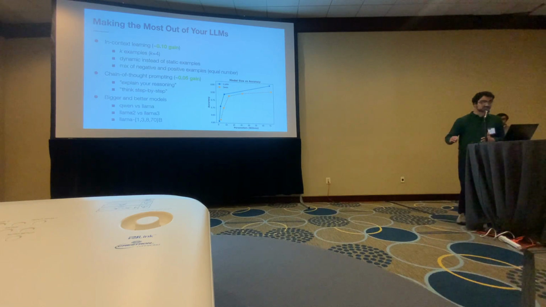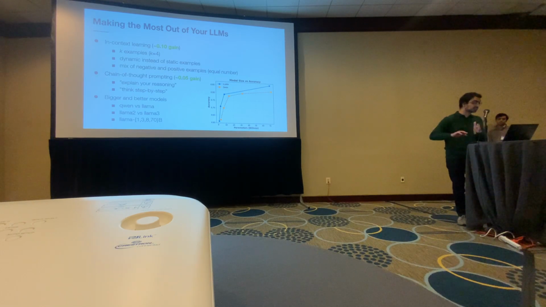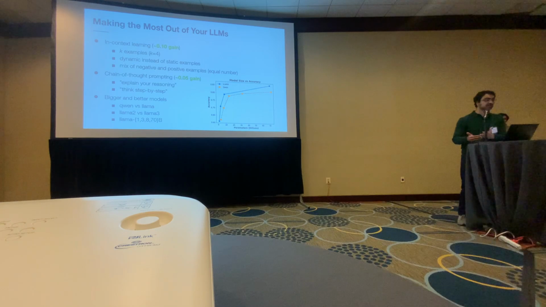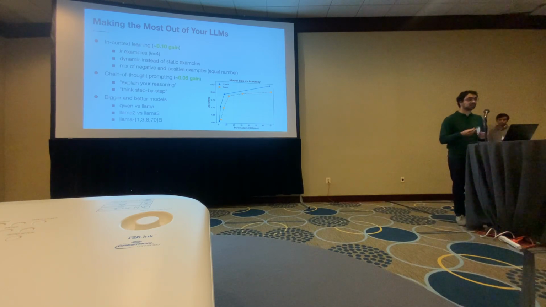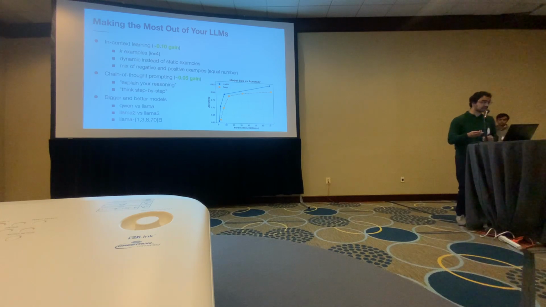So our second step, and this is like a parallel theme of exploring an alternate approach: first was the embedding-based approach, next we try out LLMs. They do not work very well out of the box. And now we try out how to make the most out of the LLMs. A quick summary would be, we look for improvements in in-context learning.